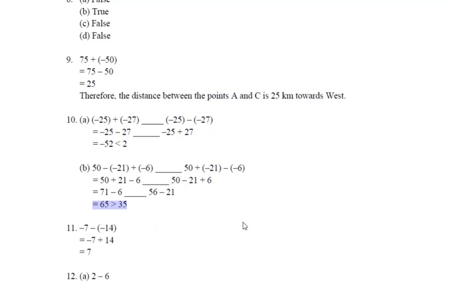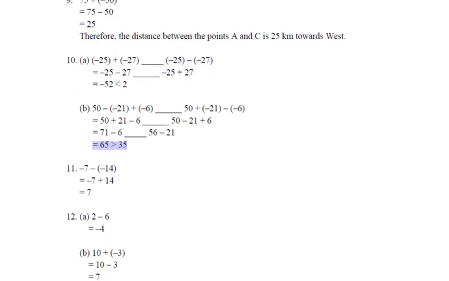Now question number 11. Write a pair of negative integers whose difference is 7. So you have to write the pair of integers. By pair we mean the two numbers whose difference is exactly 7. So it's very simple, because you just need 7.